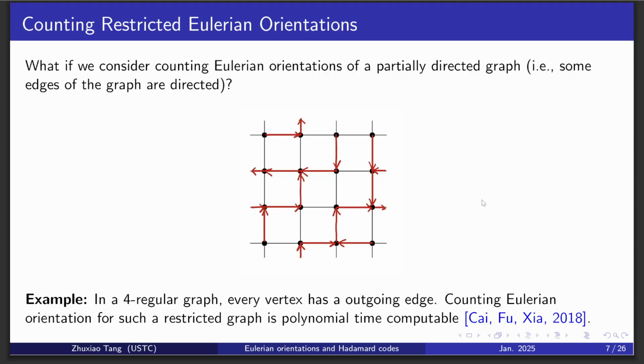Counting the number of Eulerian orientations for a four-regular graph comes from the famous six-vertex model in statistical physics. And this problem was well studied by Cai, Fu, and Xia in 2018. They showed that counting the number of Eulerian orientations in a four-regular graph with one outgoing edge fixed at every vertex is polynomial time computable.